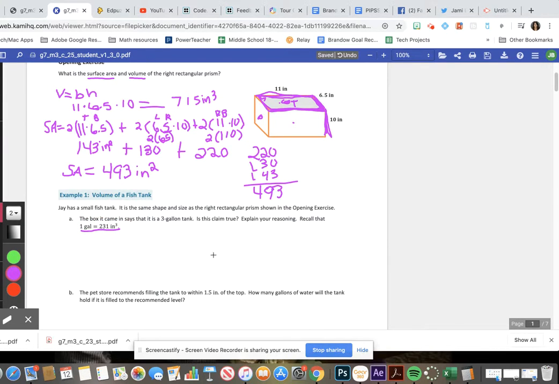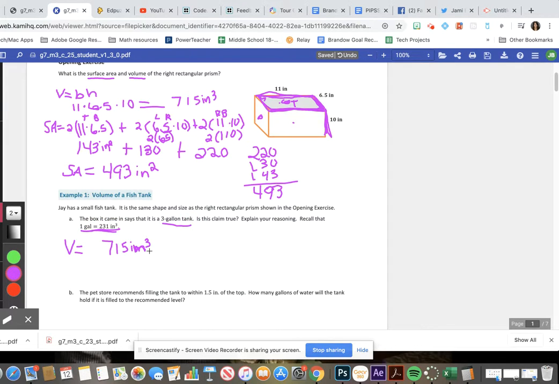So if I want to know if it's a 3-gallon tank, how much water is fitting inside that tank, I'm not going to be concerned with the surface area. I'm not going to be concerned with the outside. I want to know the volume. And the volume was 715 cubic inches.